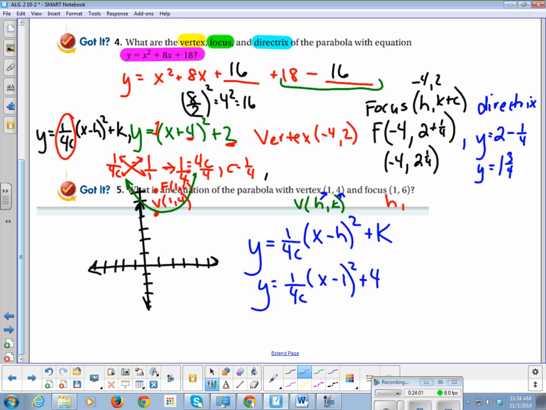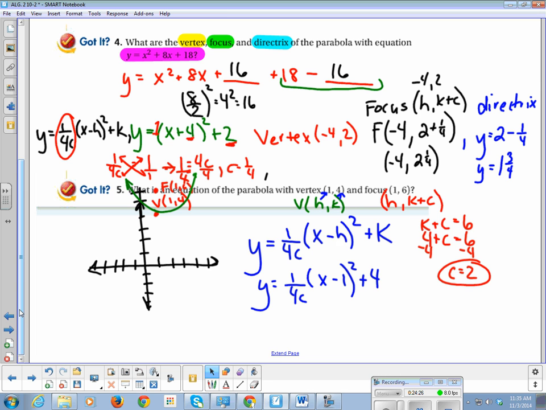So this is h, k plus c, and we know that k plus c is equal to 6. We know k is 4. So 4 plus c is equal to 6. c has to equal 2. So now I can plug 2 into my equation. So this is y equals 1/8 x minus 1 squared plus 4.